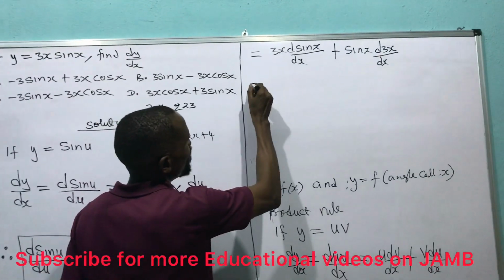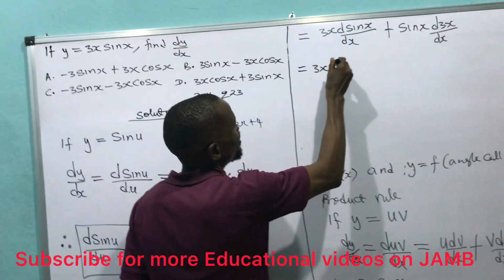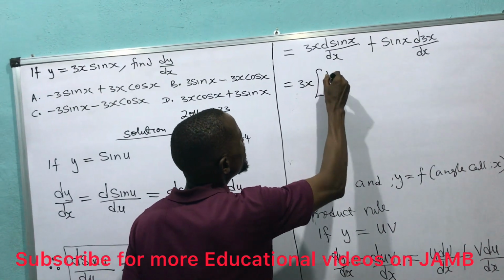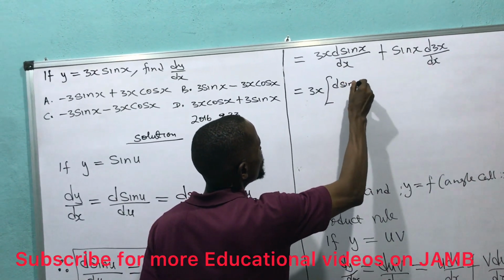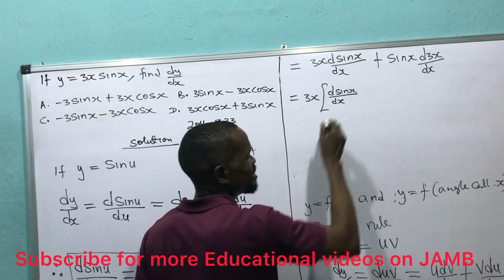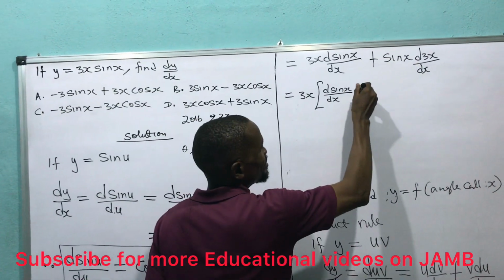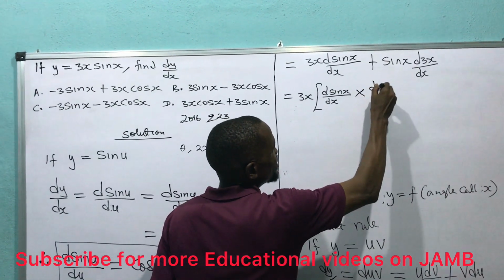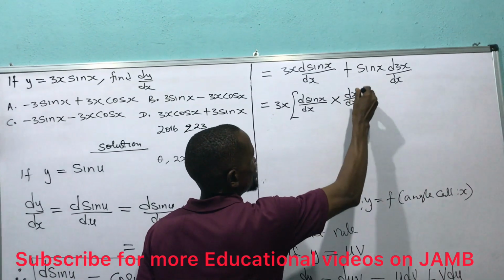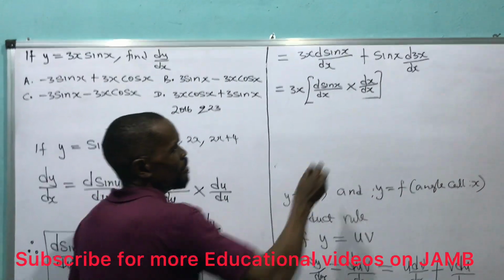Now I'm going to apply: 3x differentiating sine of the angle, times differentiating the angle, which is x. Are you getting what I'm saying now?